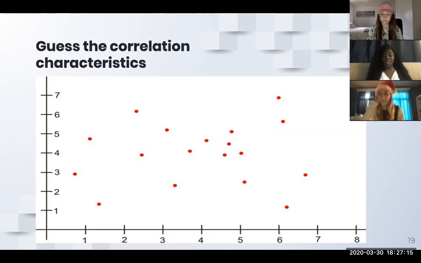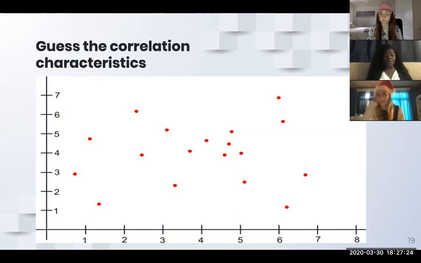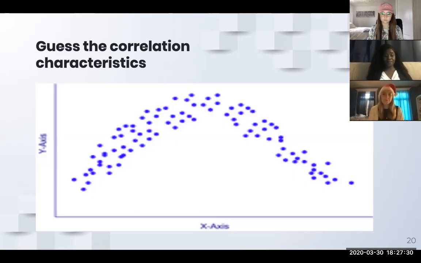They're all over the place. This actually shows no correlation, because we can't see any relationship between these two variables. They're random.